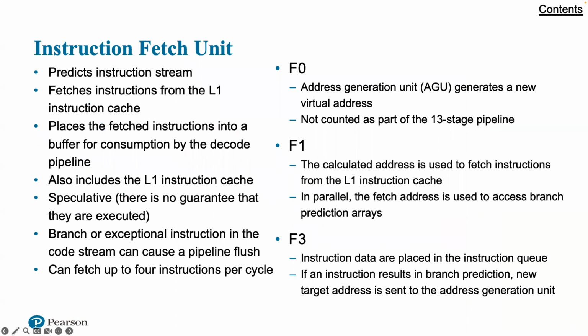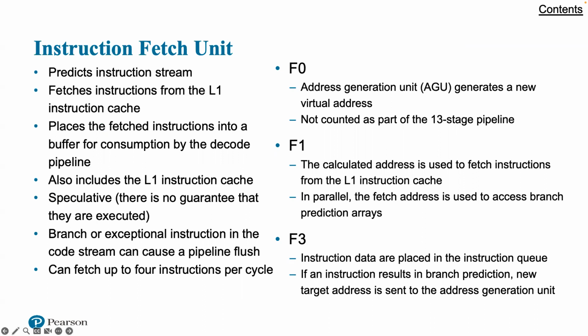Let's talk about the instruction fetch unit. The instruction fetch unit predicts the instruction streams, fetches instructions from the L1 instruction cache, and places the fetched instructions into a buffer for consumption by the decoder pipeline. The instruction fetch unit also includes the L1 instruction cache.